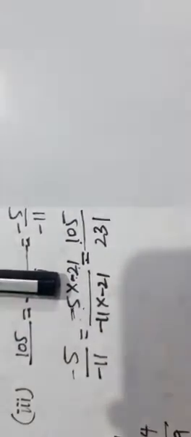Minus 21, because here in the numerator we have plus sign. So minus into minus is plus. 21 fives are 105. Take minus 11 and multiply by minus 21 again. Minus into minus is plus. 21 into 11, we get 231. So we fill 105 divided by 231.